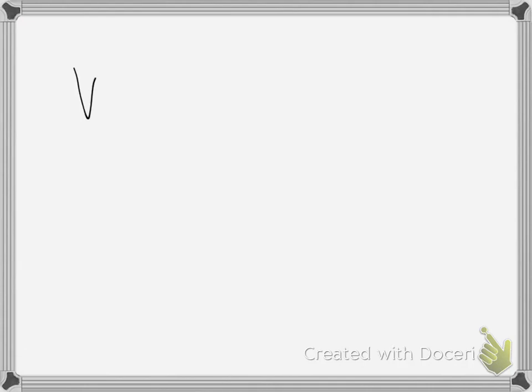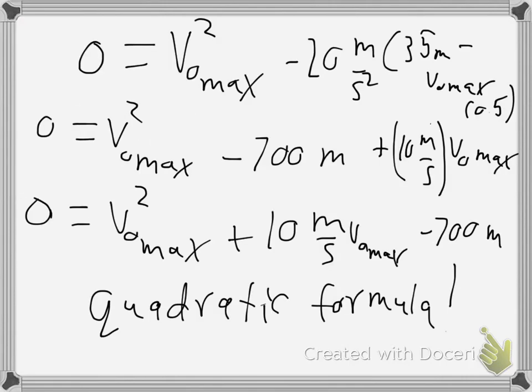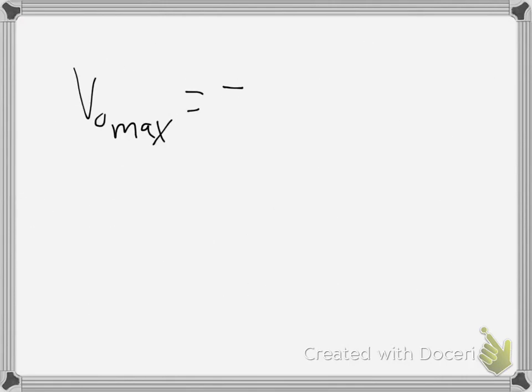which is going to tell me that v0 max is equal to opposite b, which is minus 10 meters per second, plus or minus the square root.